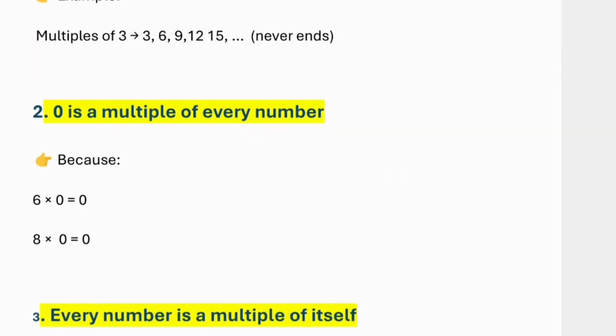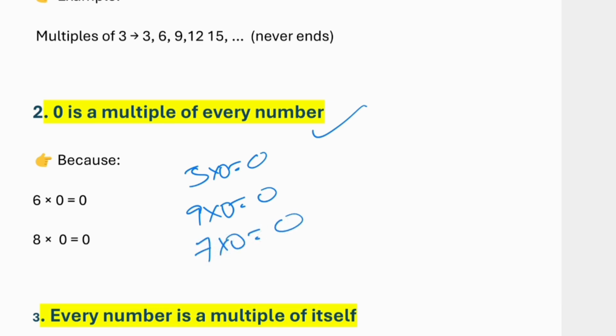And the next one, 0 is a multiple of every number. 0 is a multiple of every number because 5 into 0 is equal to 0, and 9 into 0 is equal to 0, and 7 into 0 is equal to 0. So therefore 0 is a multiple of every number, and every list of multiples starts from 0.